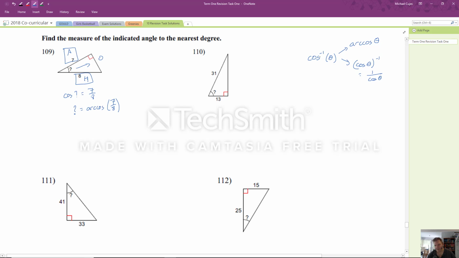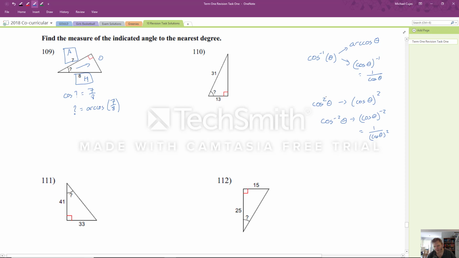Now, because we use this sort of notation, when I say cos squared theta, that means cosine of theta squared, and even cos -2 of theta is going to mean cosine of theta to the power of -2, which is 1 over cosine theta all squared.